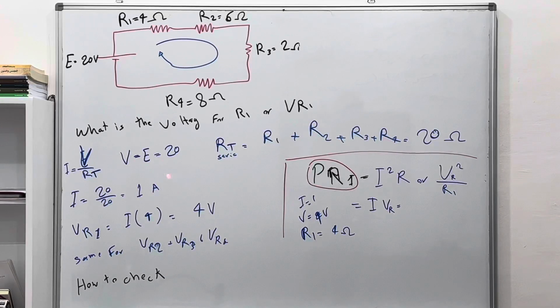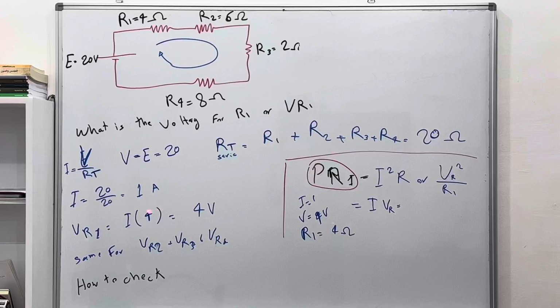So what is I? It is 1 ampere, the current going through this circuit. The question again is, what is VR1? VR1 equals I multiplied by R, because we are using Ohm's law. We use the current going through R1, which is 1, multiplied by the value of R1.